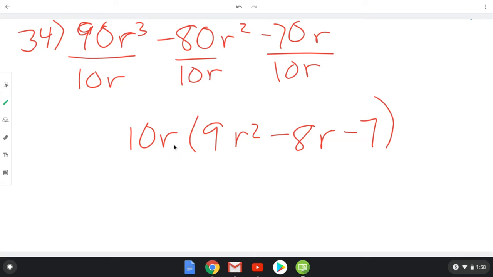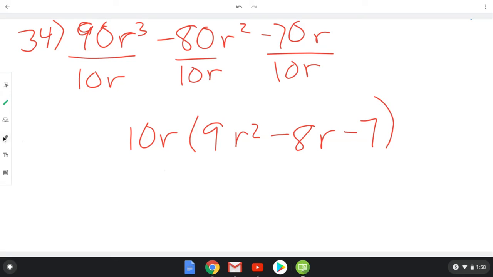If I factor out the common factor, I'm going to end up with this multiplication. So I take my polynomial and I rewrite it as multiplication of two polynomials. And I do that by dividing out the biggest thing that I can.